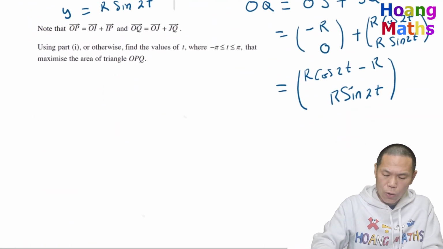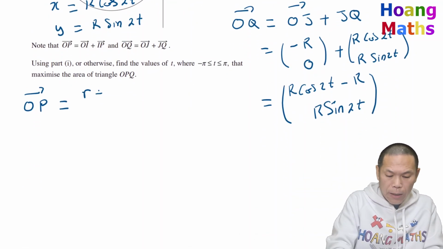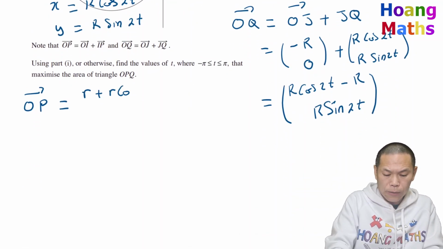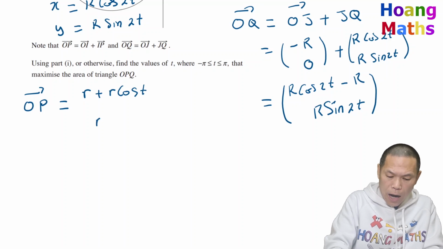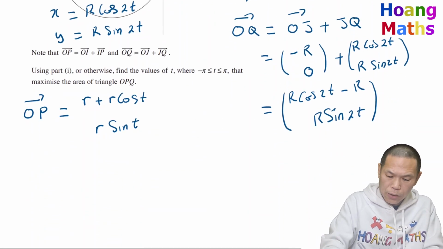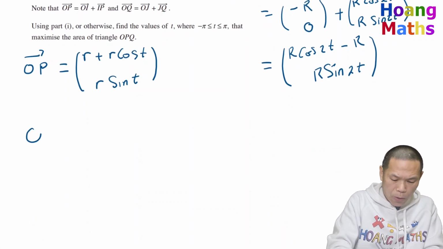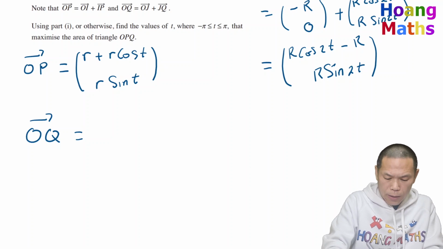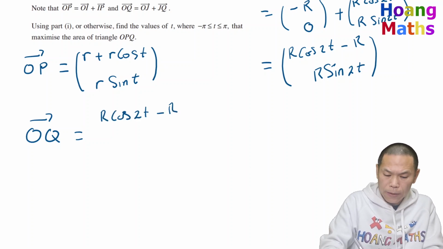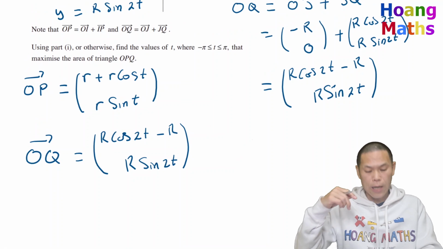OP is R plus R cos t, and this is R sine t. Then OQ is R cos 2t minus R, and R sine 2t. So that is OP and OQ.